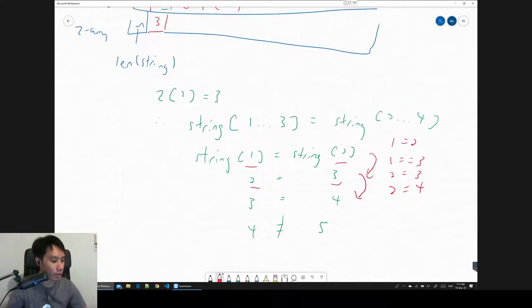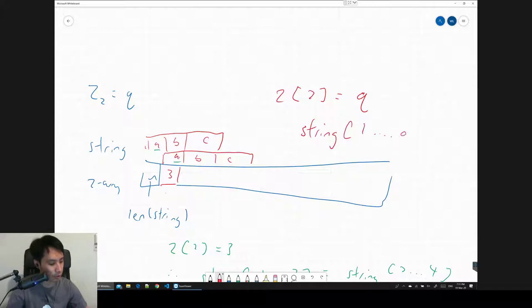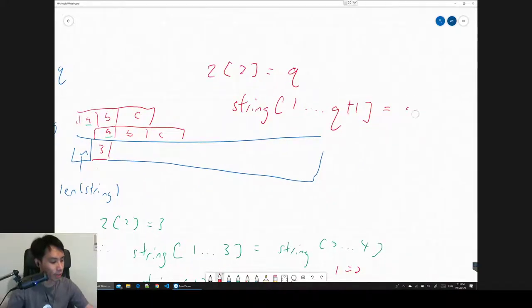In other words, if Z at position 2 equals Q, we know the string from 1 all the way to Q plus 1 equals all the same character, right?